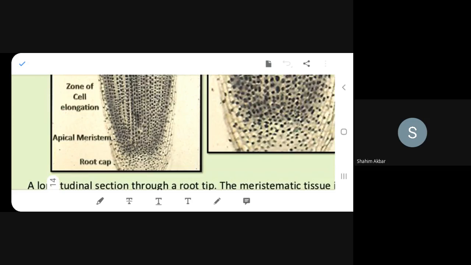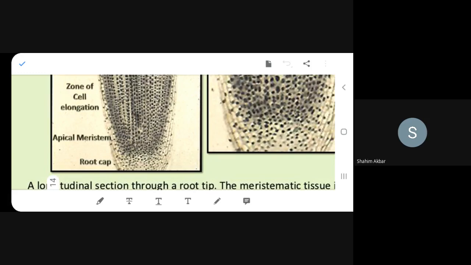Sieve tubes. First one is, say with me, sieve tubes. Second one is, which is the second one? Companion cells. Third one, phloem fibers. And lastly, phloem parenchyma. So these are the four cells which make phloem.